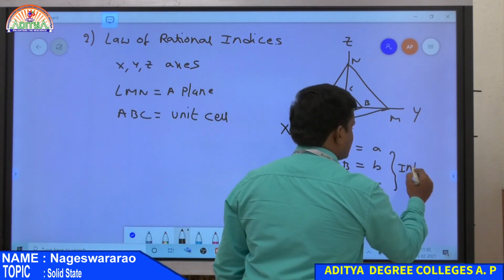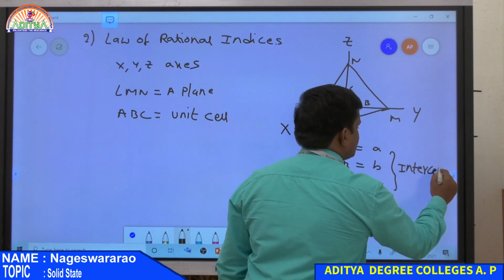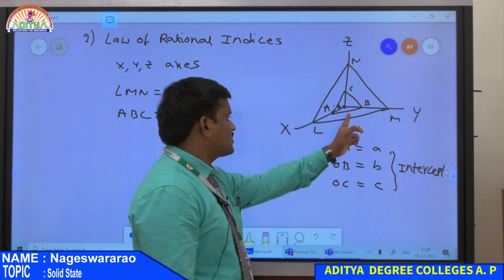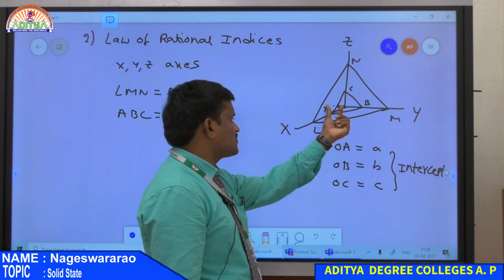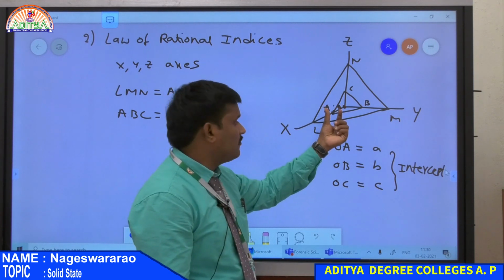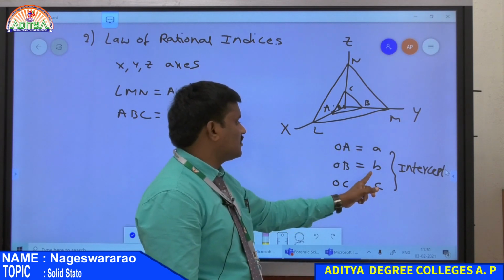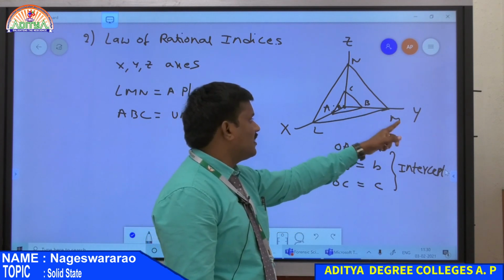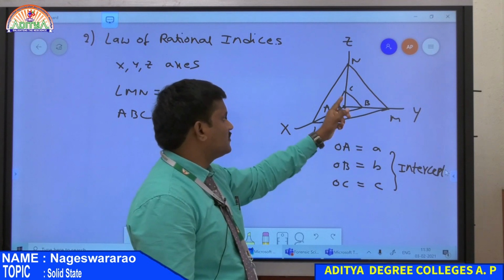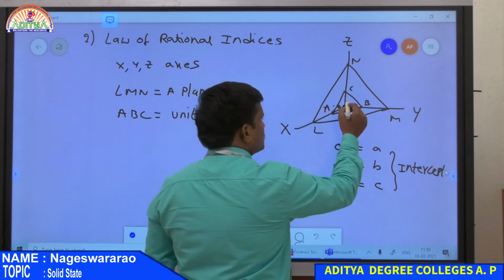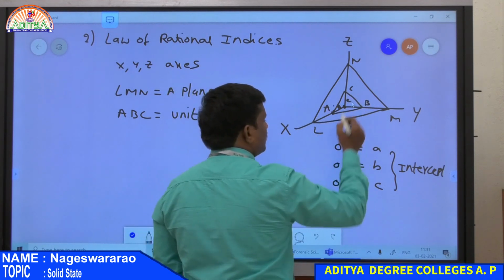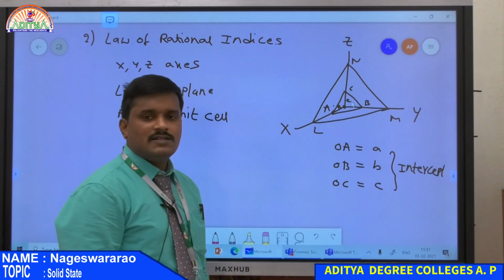So these are the intercepts along X, along Y, as well as along Z. The distance from the origin to A, small a, is the intercept of the unit cell along the X axis, b is the intercept of the unit cell along Y, and small c is the intercept of the unit cell along the Z axis.